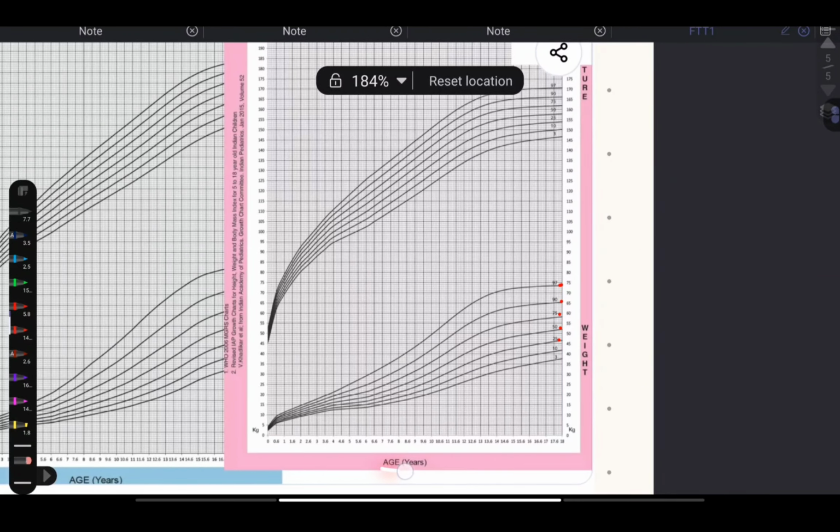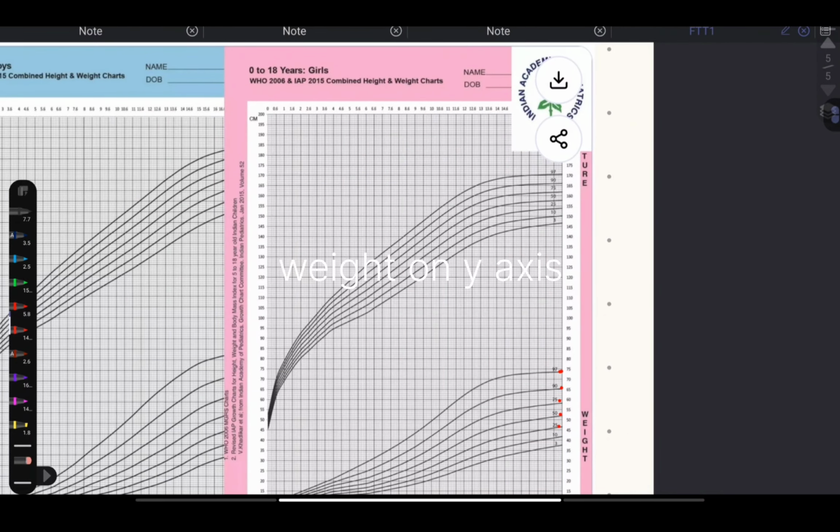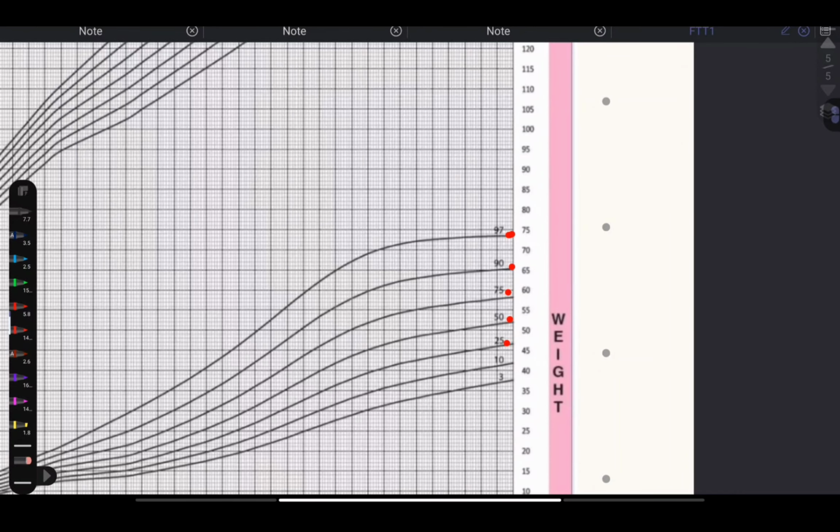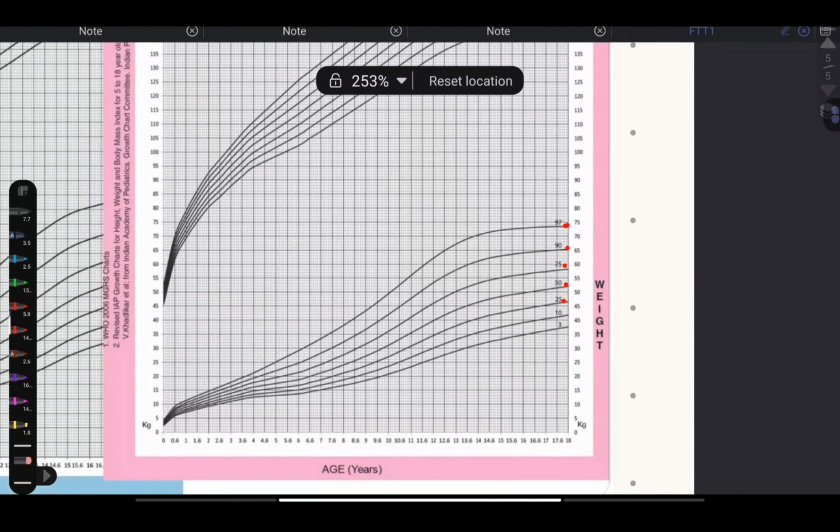Here, as we can see, age is marked in the x-axis and the weight on the y-axis. The upper lines show the stature. If we zoom in, we can see that the centiles are marked: the third, the 10th, the 25th, the 50th, 75th, 90th, and the 97th. This is the standard combined IAP and WHO growth chart for height and weight.